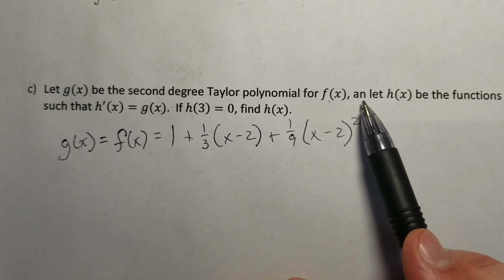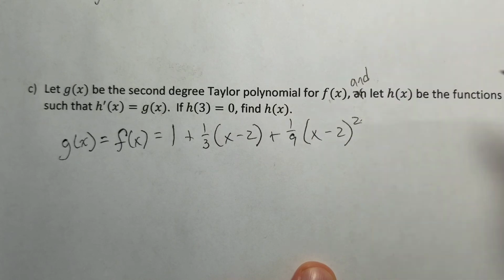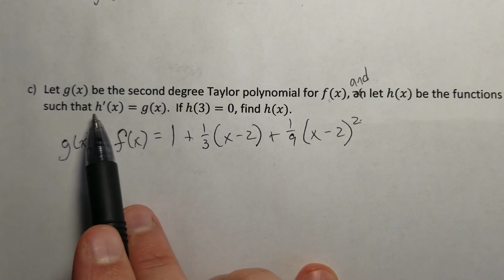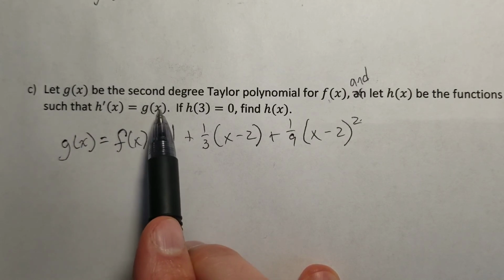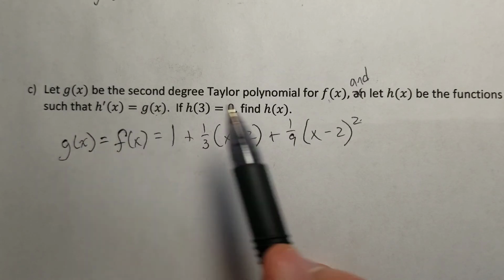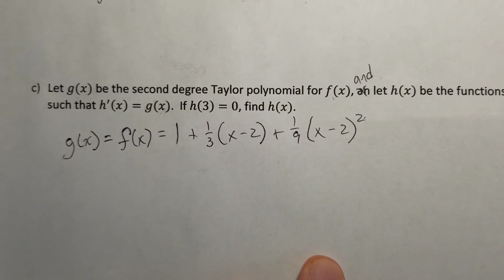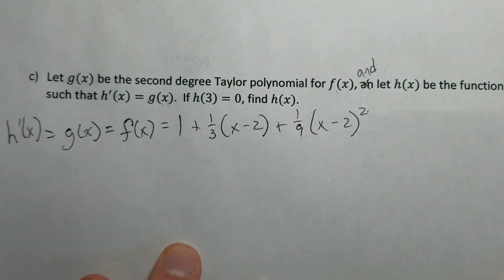Let's continue reading. And let h of x be the function such that h prime of x equals g of x. So here's the g of x again, right? And we're introducing h of x, but we know g of x and h prime of x are the same. So again, out front here, I'm going to put h prime of x.